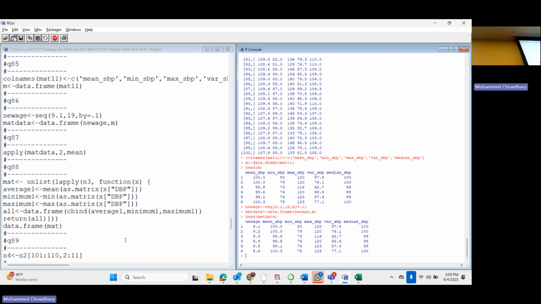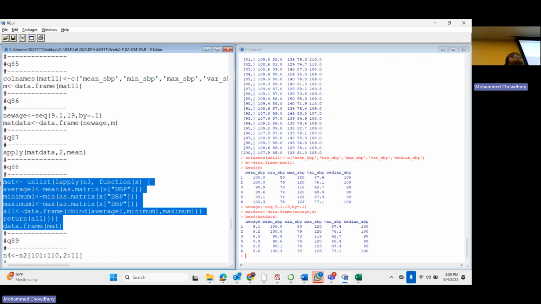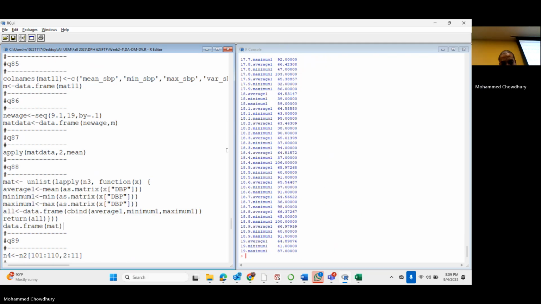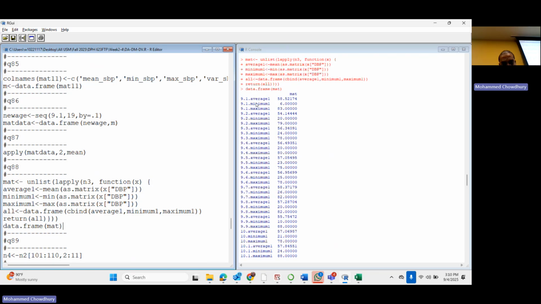I just took the three, and then finally I got the results this way. Are you seeing each age coming with the corresponding average, minimum, maximum? The values are coming that way.